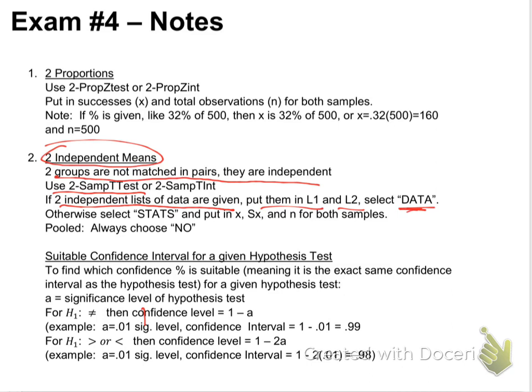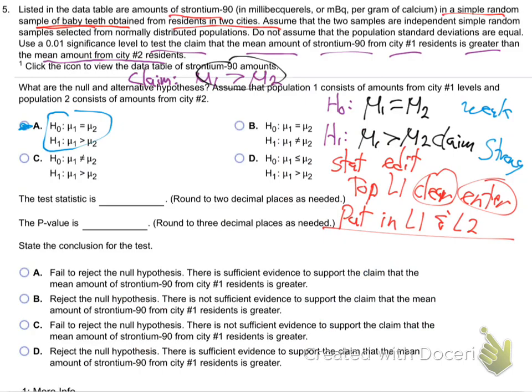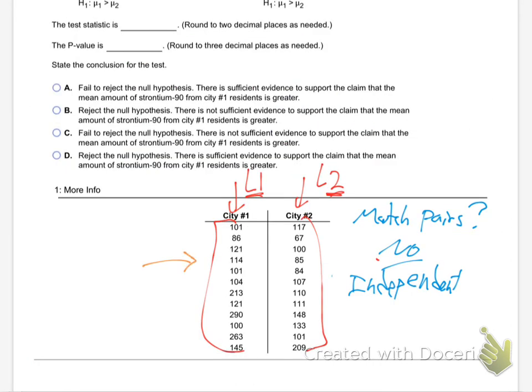So now we're going to go to 2-sample t-test. Select data rather than stats, because you're going to get your information from data, mainly this data and this data that we put into L1 and L2.